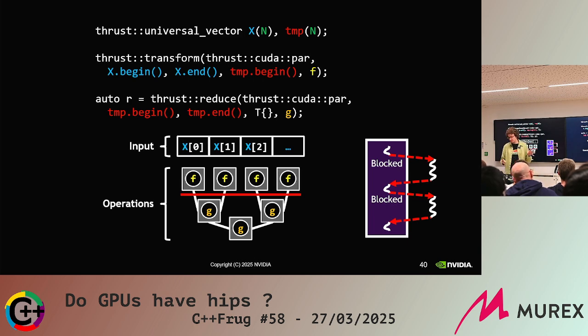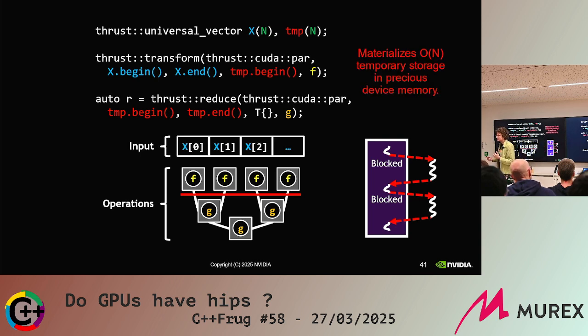In our example, this leads to an unnecessary latency bubble that can degrade performance, because we're going to wait on the host for the transform to finish before we start on the reduce, before we've even queued the reduce to the device, even though there's nothing that we need to do on the host with the result of that transform. Additionally, we've had to allocate temporary storage for that transformation, which is going to waste precious device memory and cause expensive and unnecessary loads and stores from device to global memory.